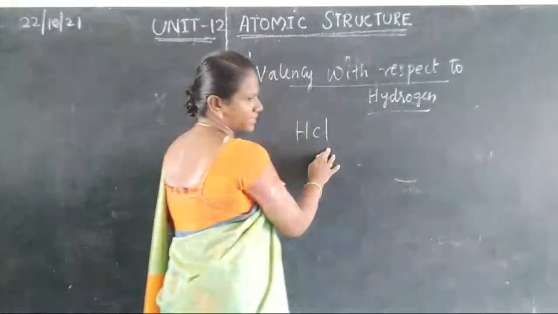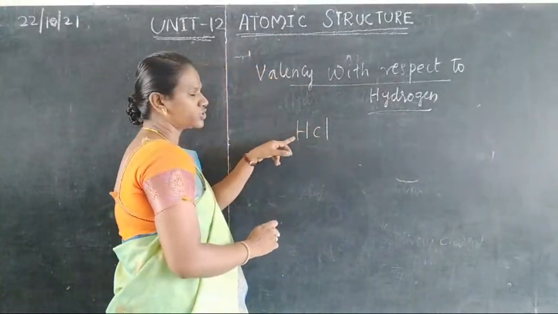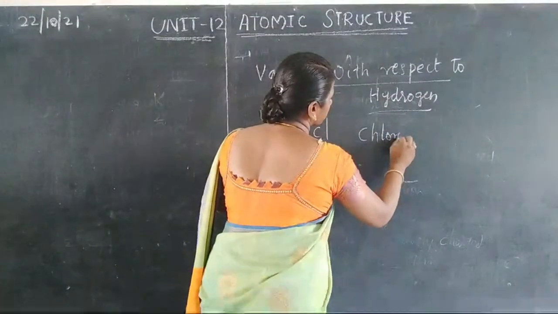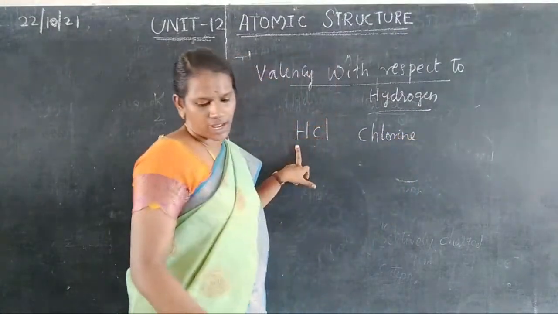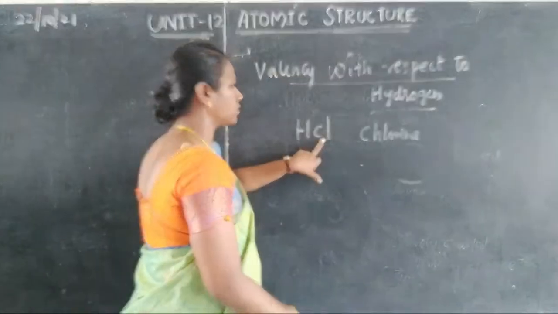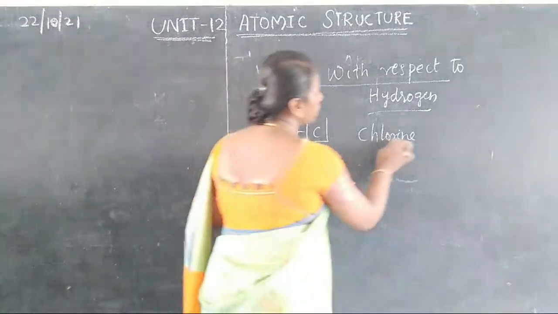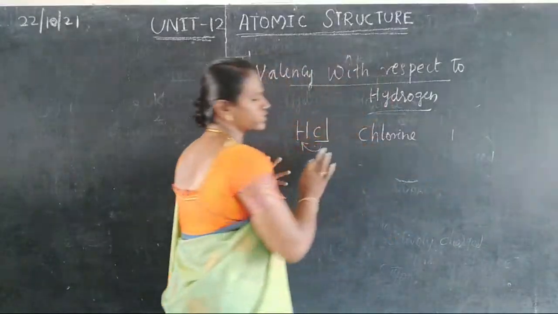The molecule formed is HCl. Here the element attached to the hydrogen is chlorine. What about the valency of this chlorine? One chlorine is attached with one hydrogen, so the valency of chlorine is 1.